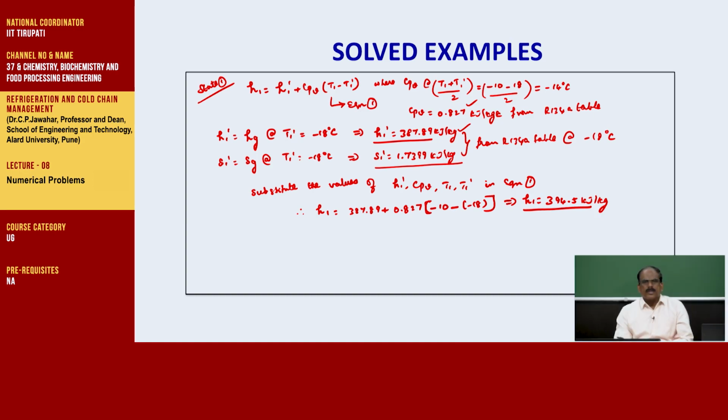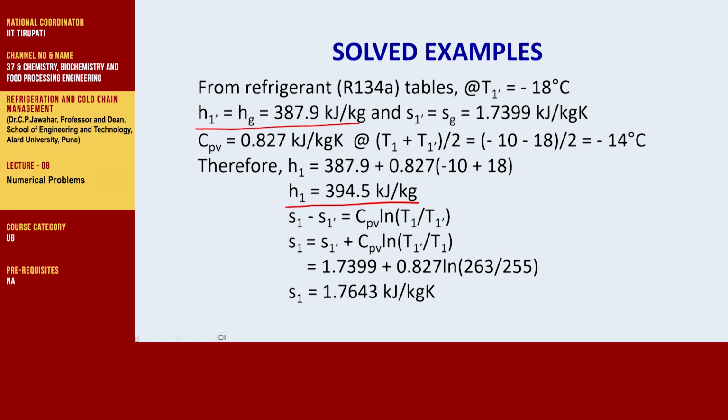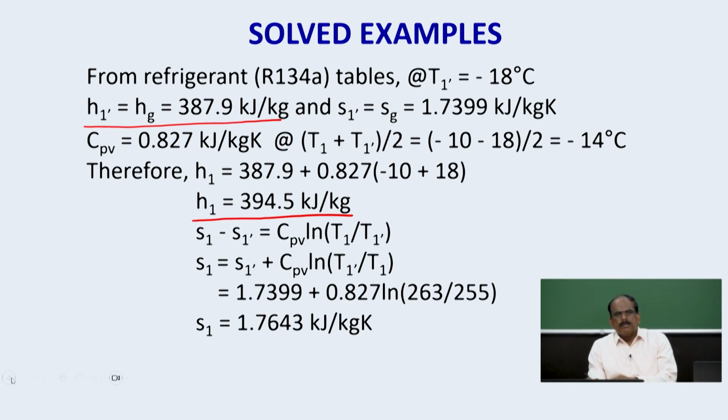Now we will consider the process 1 to 2. 1 to 2 is isentropic compression, so S1 is equal to S2. We write the formula S2 minus S2 dash equal to Cp of vapor into ln of T2 by T2 dash, as we need to find the temperature T2. I will write a similar formula connecting state points 1 and 1 dash, that is S1 minus S1 dash equal to Cp of vapor into ln of T1 by T1 dash, to find S1.